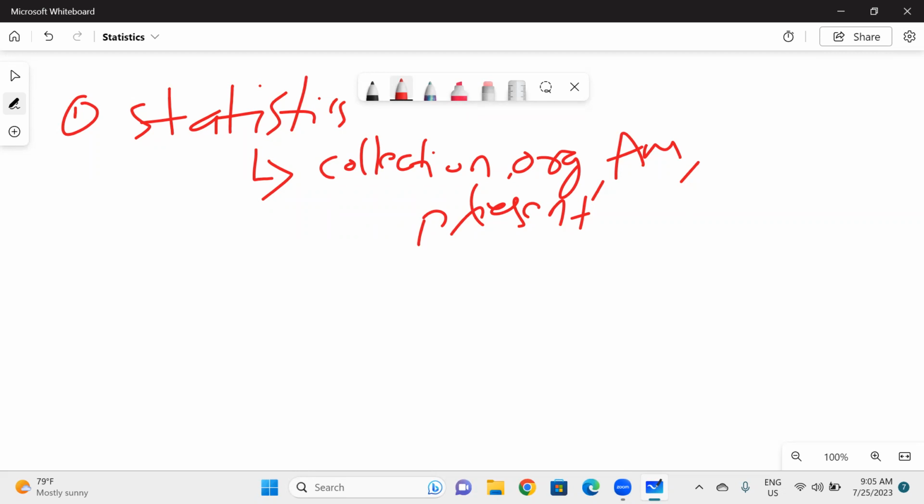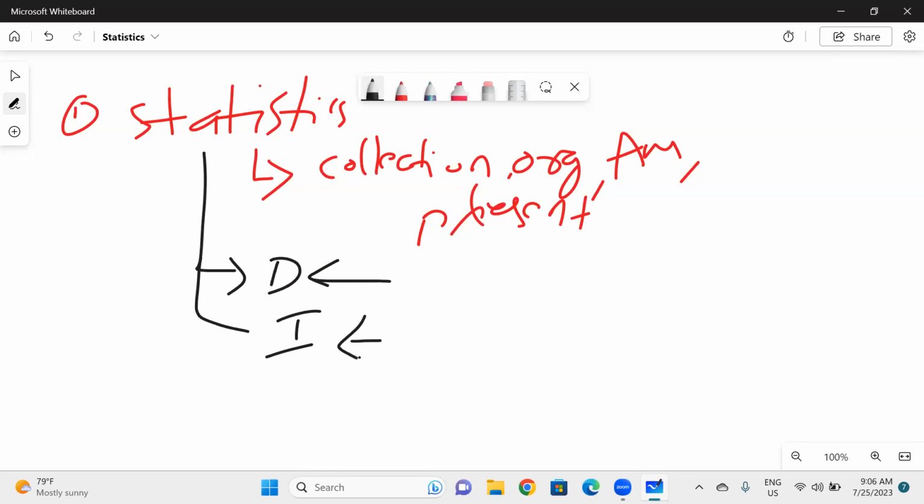I already told you there are two types of statistics: descriptive statistics and inferential statistics. With descriptive statistics, we describe the data with the help of graphs and charts. With inferential statistics, we can forecast, make decisions and make future predictions with the help of the data.